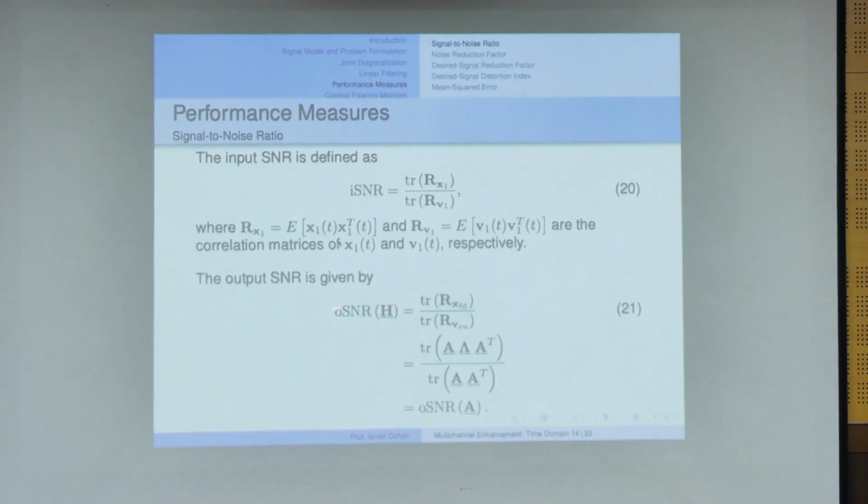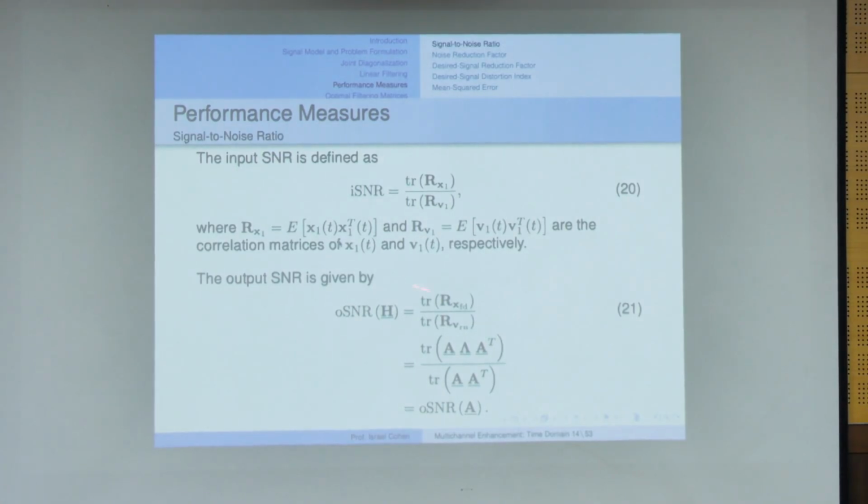Take the output SNR expression and find the derivative of this expression with regard to A. The only thing we don't know here is A. So if we find the derivative with regard to A and equate it to 0, we will find the A that maximizes the output SNR.